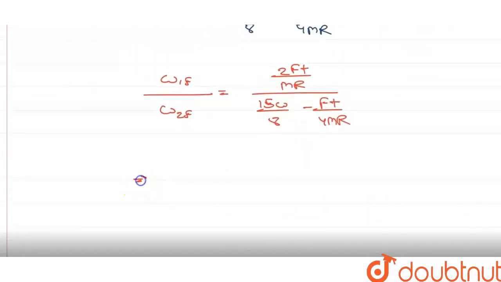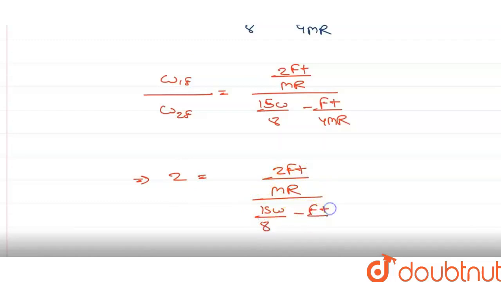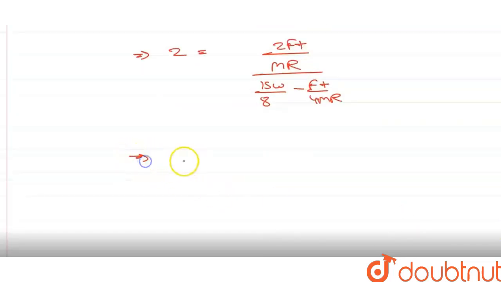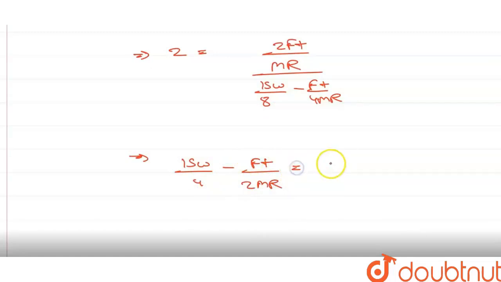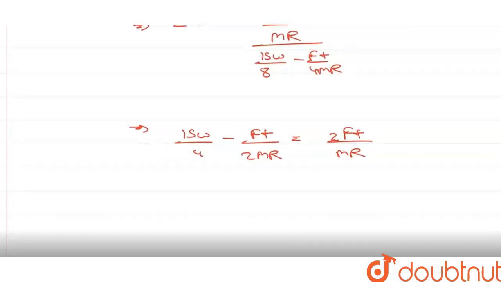So 2 is equal to 2ft by mr upon 15 omega by 8 minus ft by 4 mr, which gives me 15 omega by 4 minus ft by 2 mr is equal to 2ft by mr, which means 15 omega by 4 is equal to ft by mr.